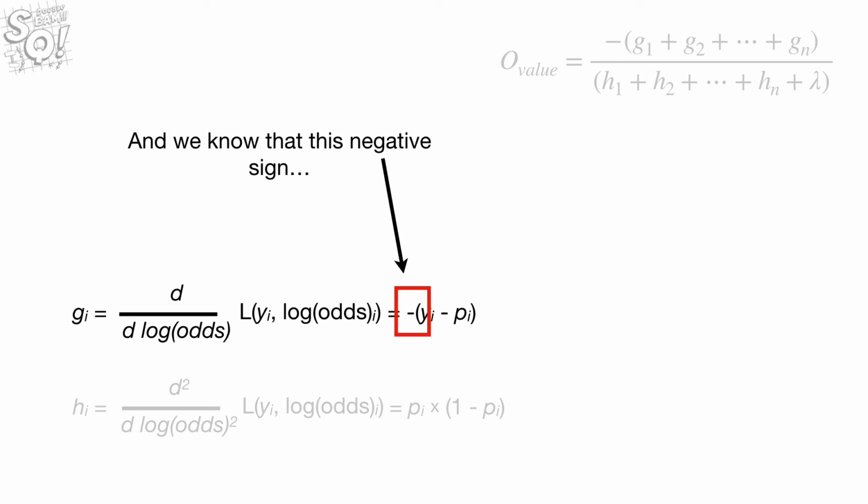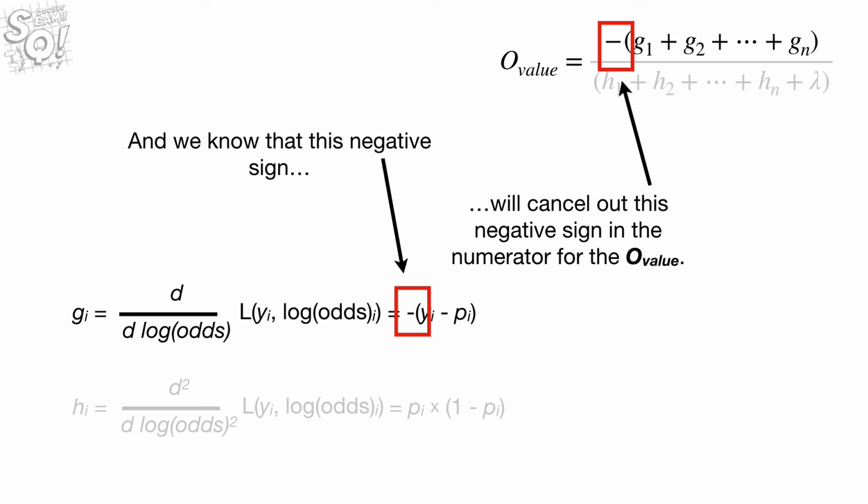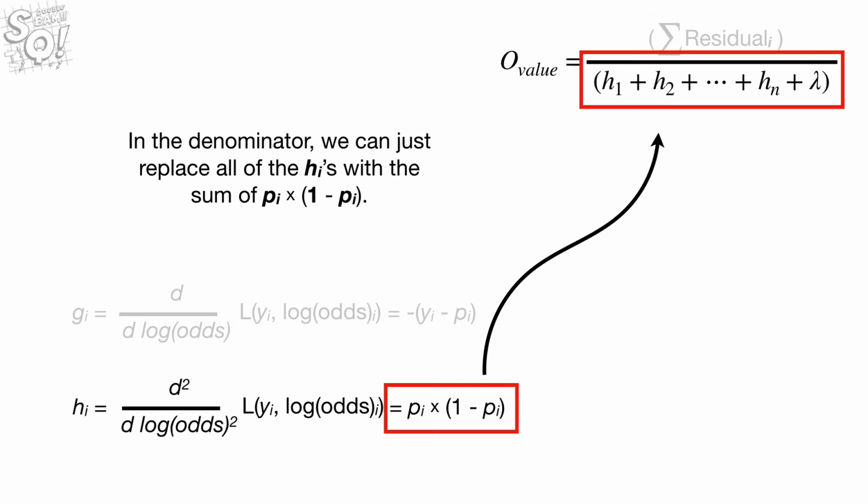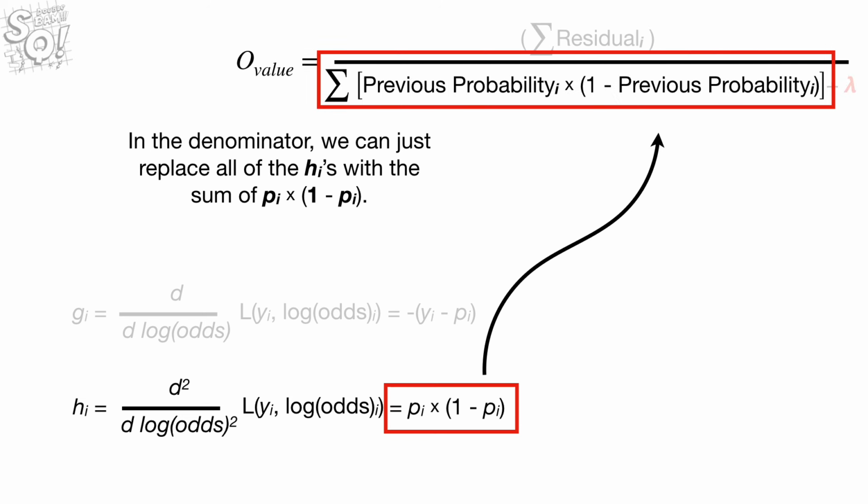And we know that this negative sign will cancel out this negative sign in the numerator for the output value. So we can replace the numerator for the output value with the sum of the residuals. In the denominator, we can just replace all of the h sub i's with the sum of p sub i times 1 minus p sub i.